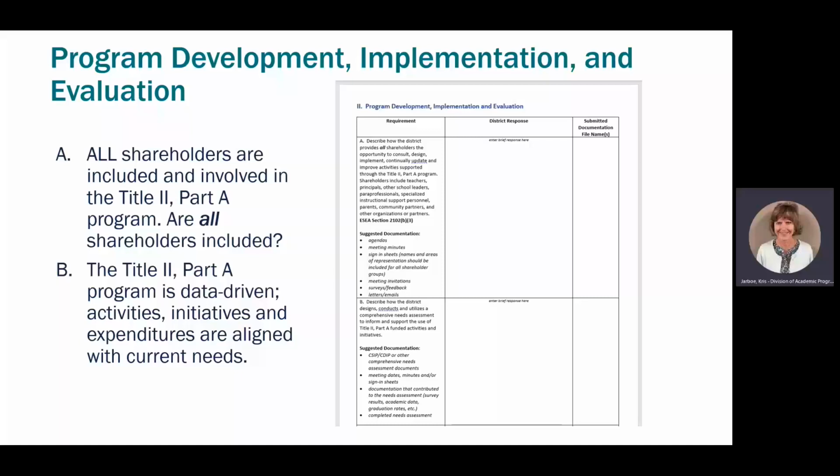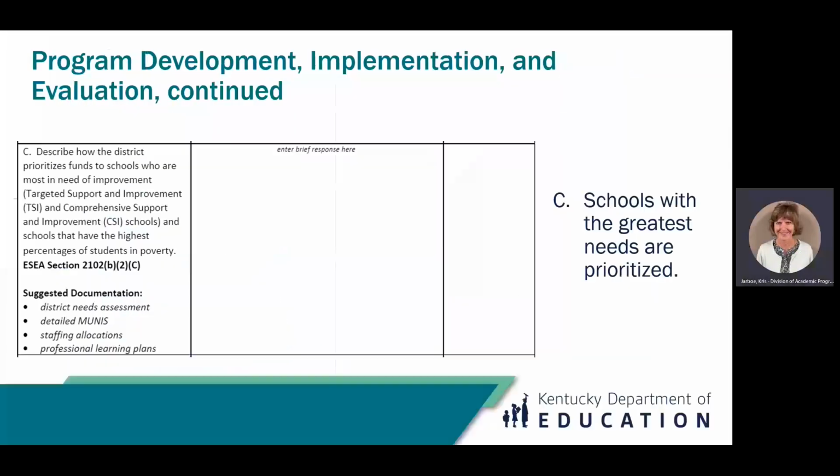In Section B, we ask for you to briefly describe how you are using a needs assessment to drive your program, how data is used to support the decisions that are made. In Section C, we ask just for a brief response and documentation on how your district chooses to prioritize your funds.